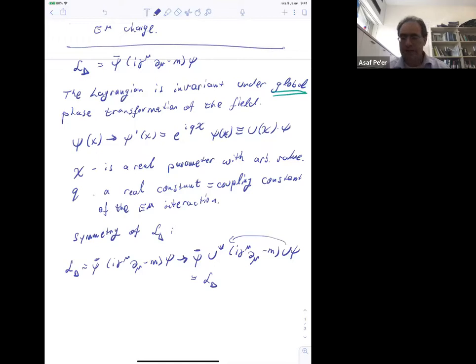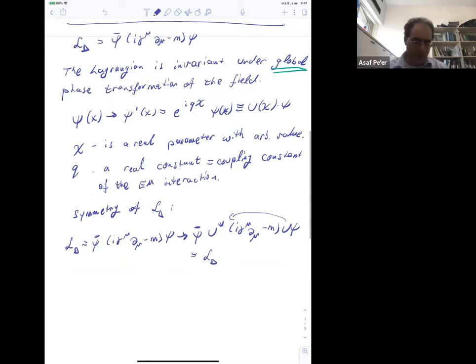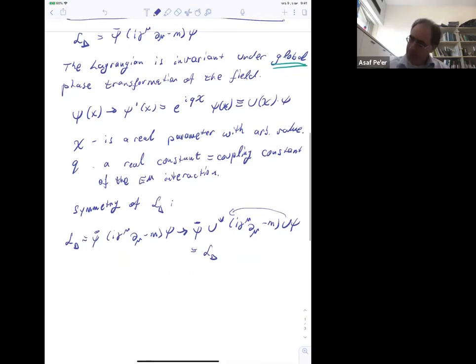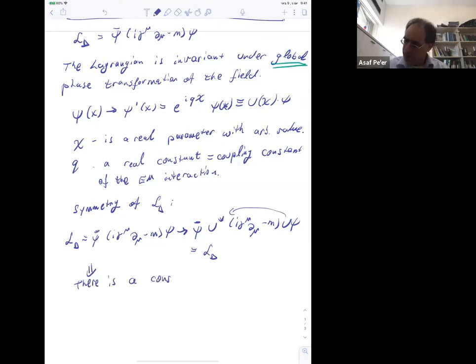Now I argue that this gives rise to a conserved current. Well, Emmy Noether argued that before me, right? This is a continuous symmetry, so there is a conserved current, J^mu.